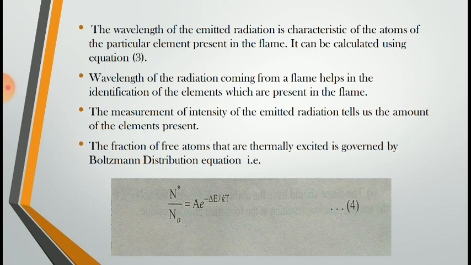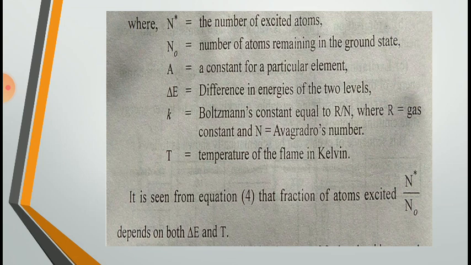Where n star means the number of excited atoms. We have seen the salt solution. In this case n star is the number of excited atoms. N0 is the number of atoms remaining in the ground state, and capital A is a constant for a particular element.